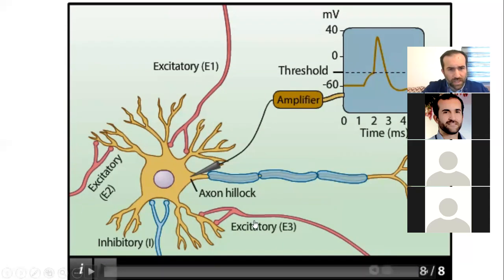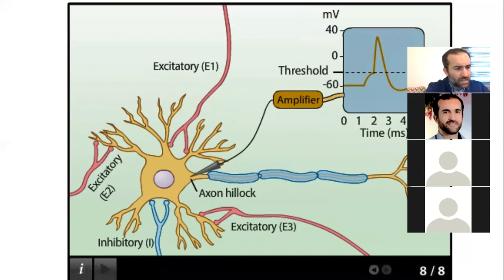If we obtain many from many sources, what is this summation called? Spatial. Okay, thank you, spatial.